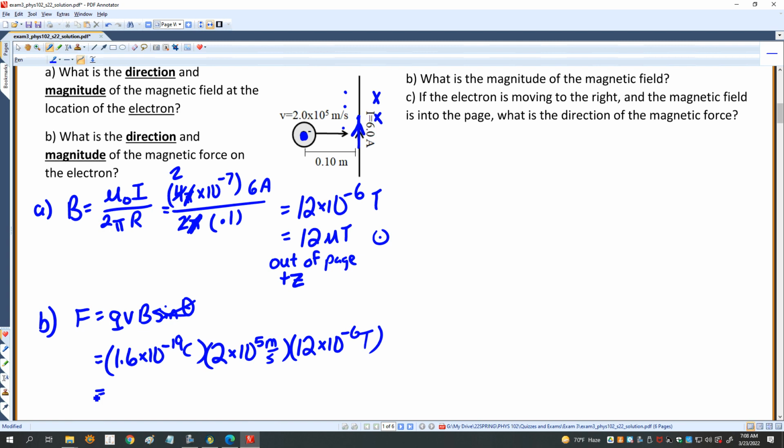So that is equal to, I get 3.8 times 10 to the minus 19.